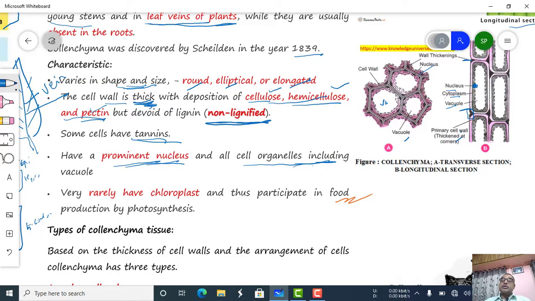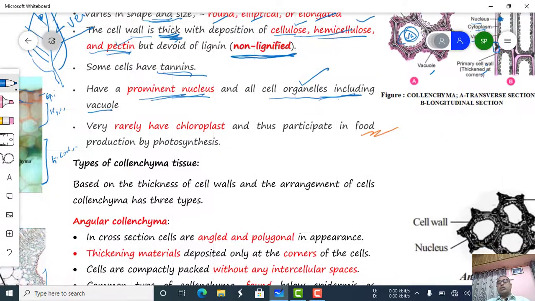That means endoplasmic reticulum, Golgi body, mitochondria, chloroplast, ribosomes, lysosomes, peroxisomes, all types of cell organelles are present within the cell along with the vacuole. A large vacuole is present in the center. Very rarely they have chloroplast, and then they participate in food production by photosynthesis.